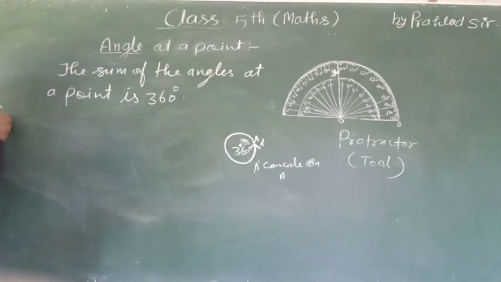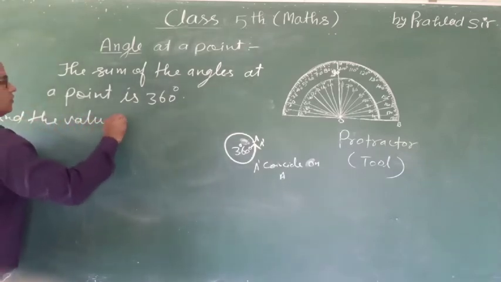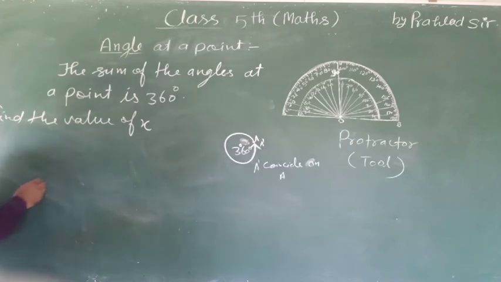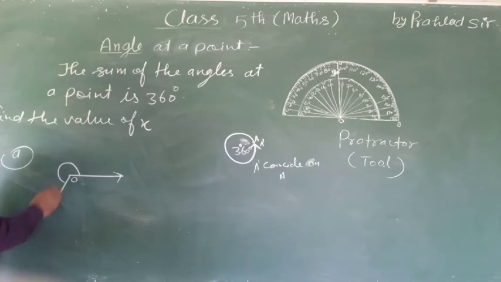Find the value of x. Here, around O, this angle is 210 degrees.